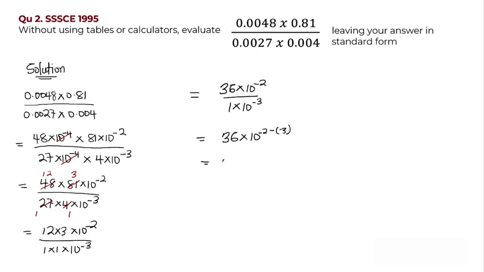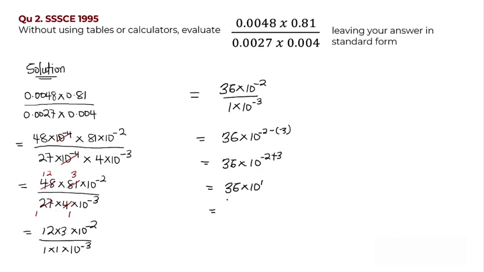So this is equal to 36 multiplied by 10 raised to the power minus 2 plus 3, which gives us 1 as the power. But note that we are to leave our answer in standard form.